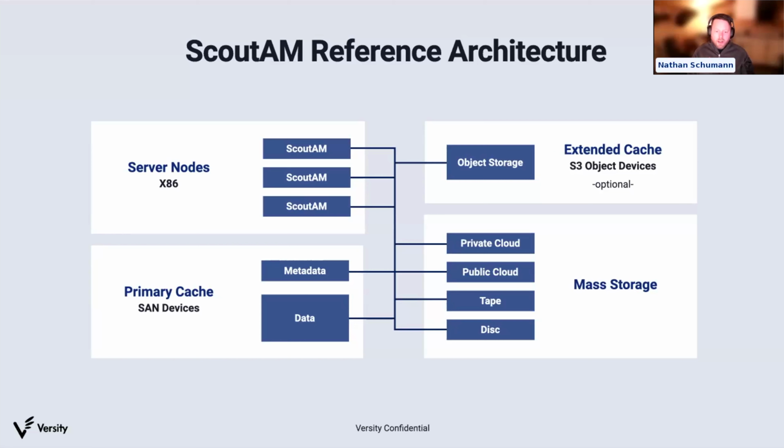Okay, so we talked about the features and how ScoutAM works at a high level. For folks that are thinking about a greenfield archive, where I don't have an archive and I want to put an archive in and do something with ScoutAM, that's really great and easy because there's no legacy data that we need to handle.